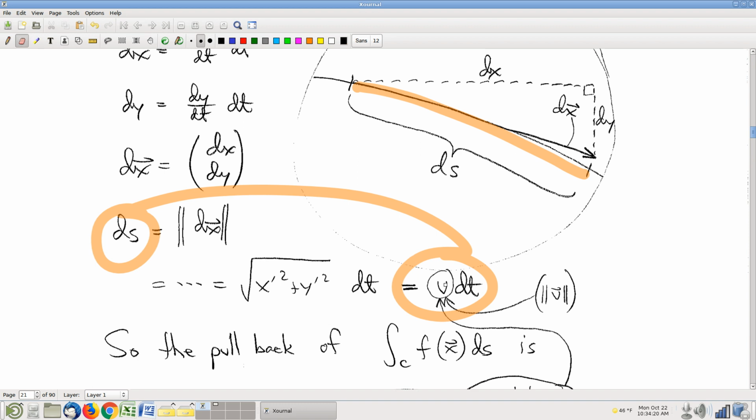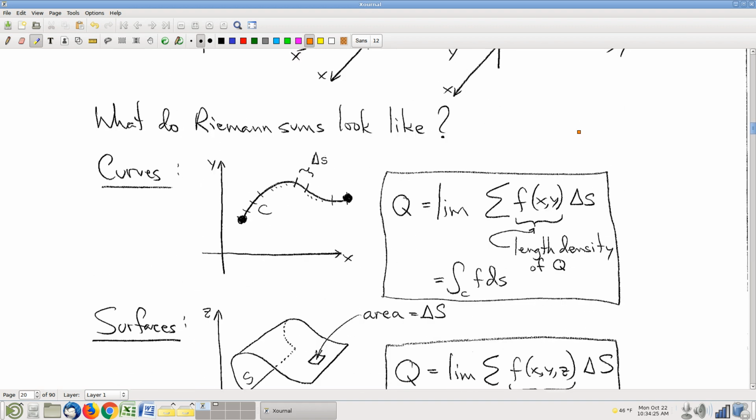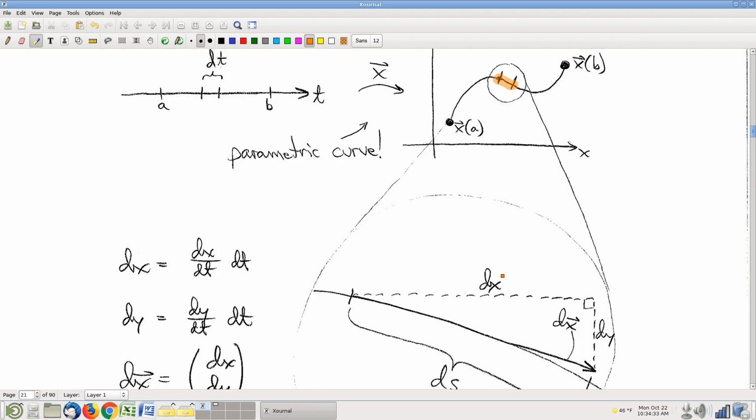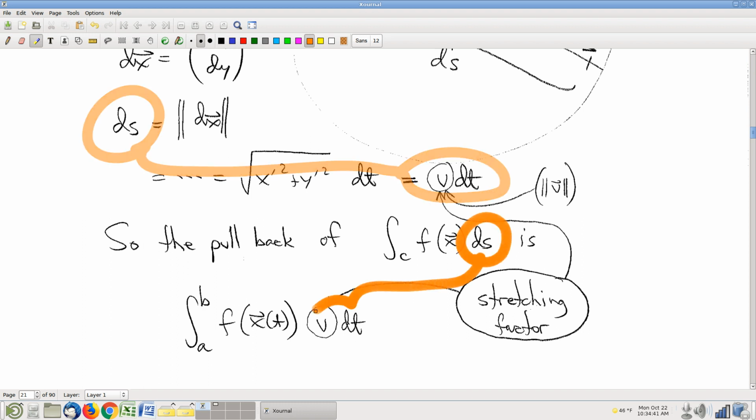Okay, so now let me just remind you what we were doing. We were interested in adding stuff up over this curve. We wanted to do this, and I just got through computing what that ds is. ds is v dt.